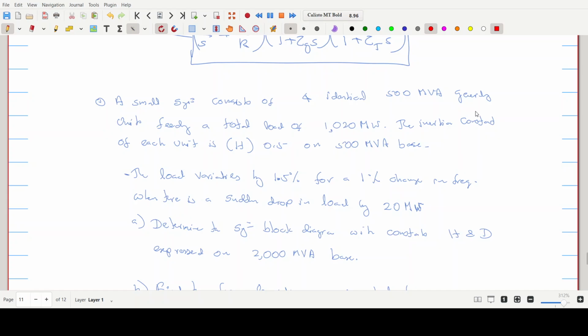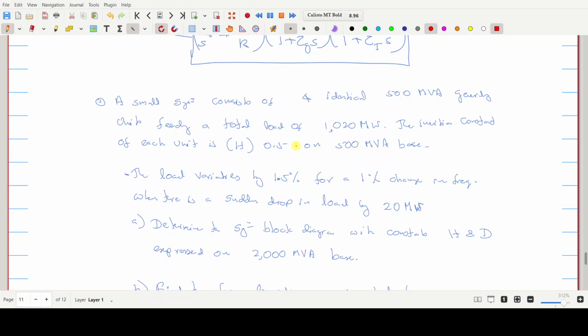Let's say you have a small system consisting of four identical 500 MVA generating units feeding the total load of 1020 megawatt. The inertia constant of each unit H is 0.5 on 500 MVA base.